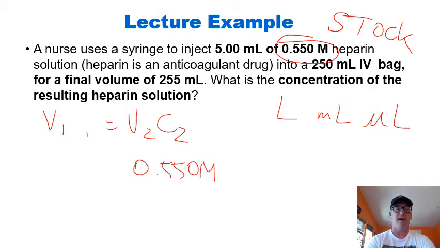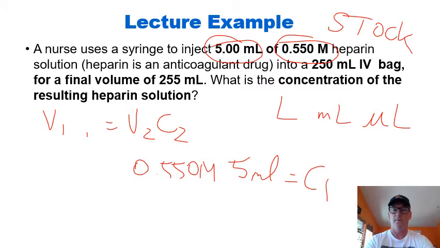So here's our initial concentration. The initial volume was what the stock solution was in, so in this instance, 5 mL. That is going to equal the final concentration, which is what we're looking for. And what's the final volume? The final volume is 255 mL.